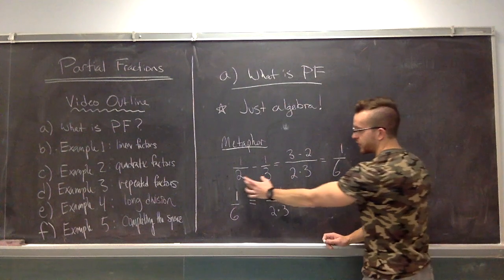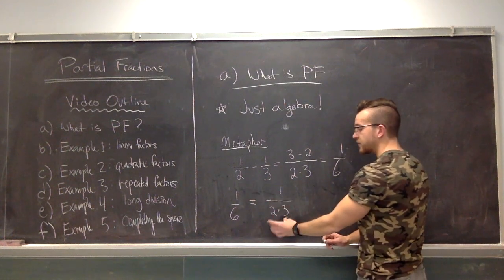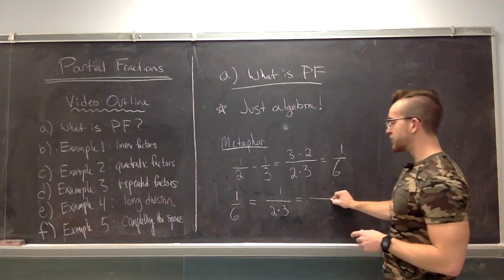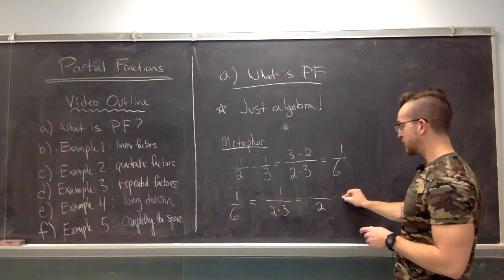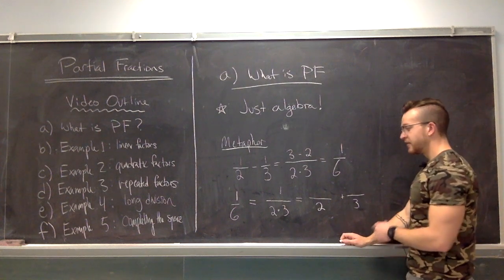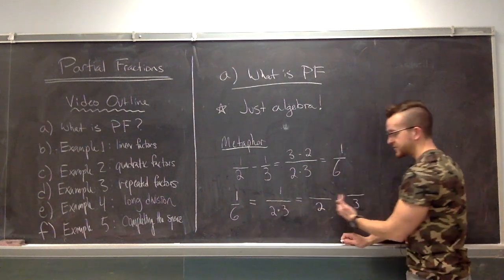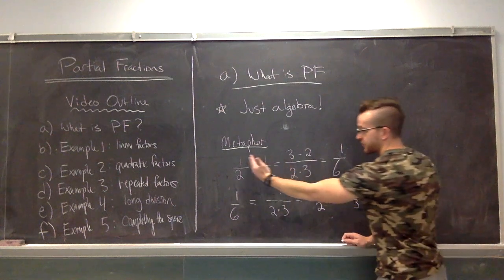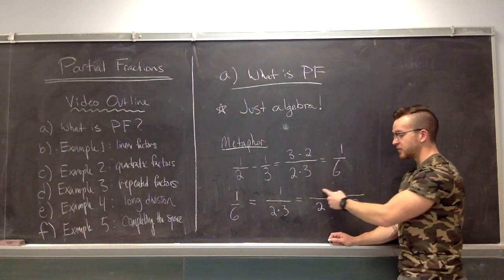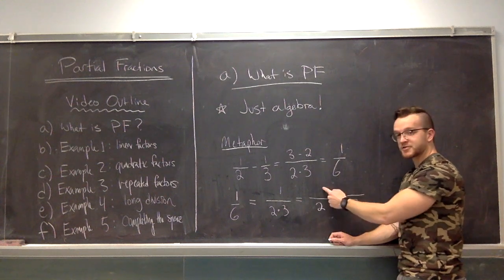And motivated by what we did here, if this was going to be broken up into simpler fractions, it would probably look like something over 2 and something over 3. The problem with going this direction as opposed to the direction that we did up here is when you go this way, it's hard to eyeball what these two things are.